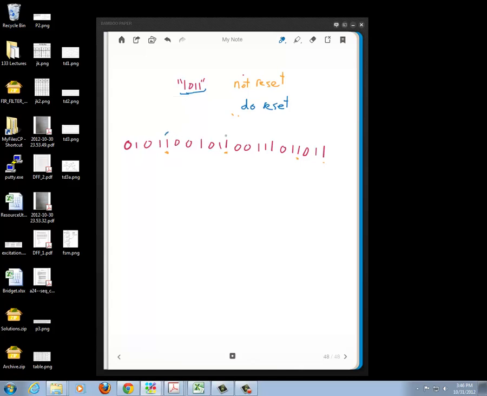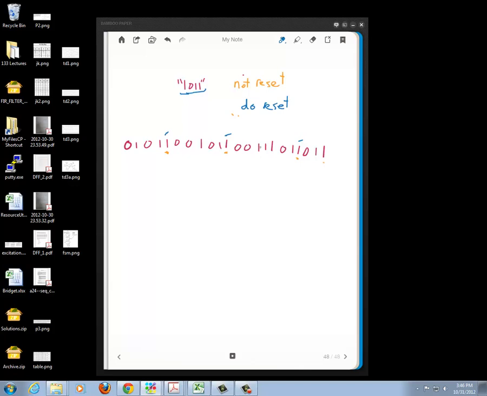Here we have 1011, we get a detection. 1011, we get a detection, and that's it. You can't have this last detection because there needs to be a new 1 to start the new sequence. That's what it means by resetting, that we've reset to then need a new starting 1 to get the next sequence. So in this case, the reset case has 1 less detection than the no reset case.